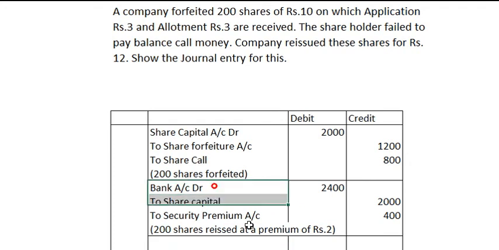Now we have completed the entry on the reissue. Then what next? Always keep in mind that whenever a reissue is made, if there is any balance in the share forfeiture account, it should be transferred to an account called Capital Reserve.